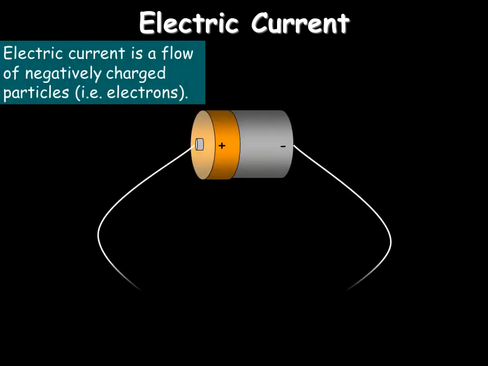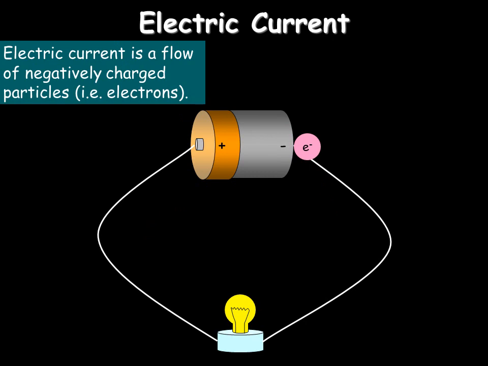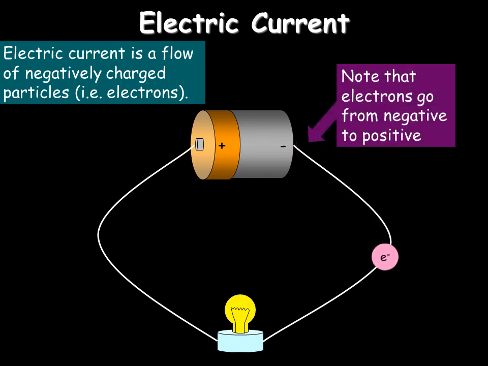In a traditional circuit, here's a very, very simple circuit: a battery and a bulb, a complete loop, so the current can flow. What actually happens in the circuit is electrons, which are negative, come from the negative terminal and flow around the circuit, carrying energy to the bulb, and that energy is then turned into heat and light, which is given off by the bulb.